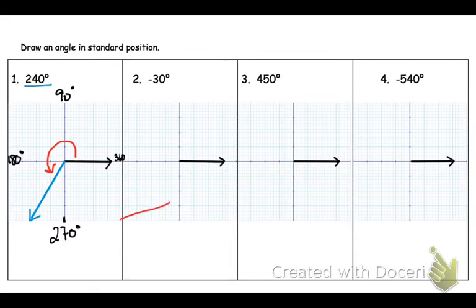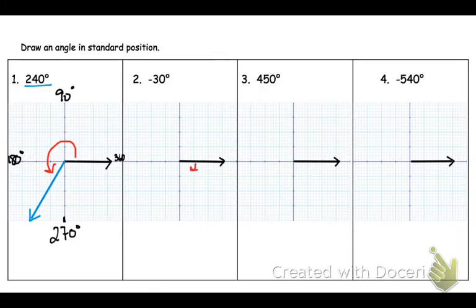For example, number 2. Number 2 is negative 30 degrees. First of all, I know it's negative degrees, so that means I'm going to go into the fourth quadrant first. Negative degrees, we're going backwards. We're going clockwise.